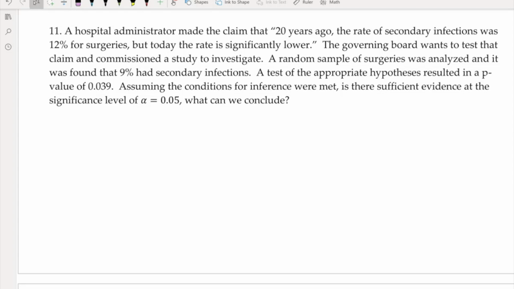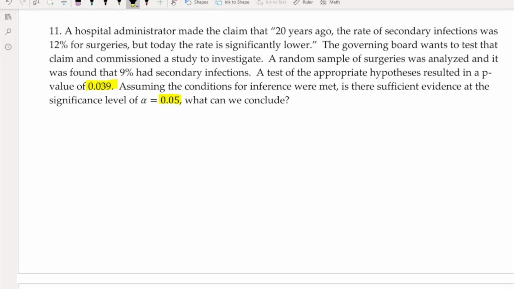A test of the appropriate hypotheses resulted in a p-value of 0.039. Assuming the conditions for inference were met, is there sufficient evidence at the significance level of alpha 0.05? What can we conclude? Since this number, 0.039, is less than this number, 0.05, since the p is low, we must reject the null.